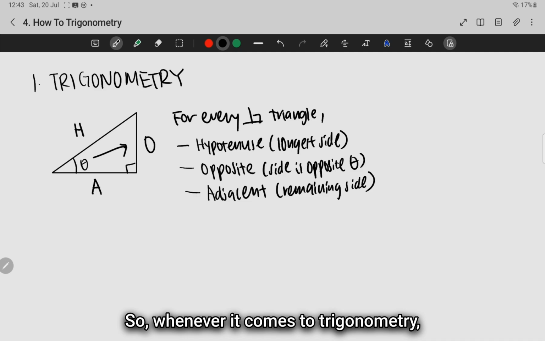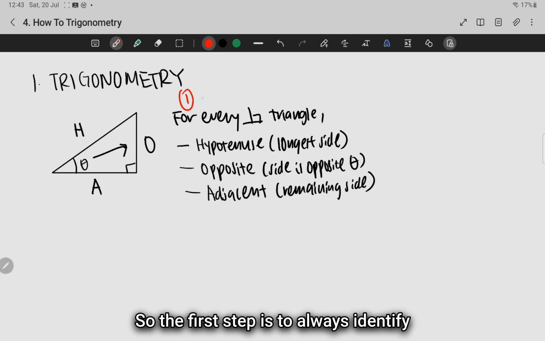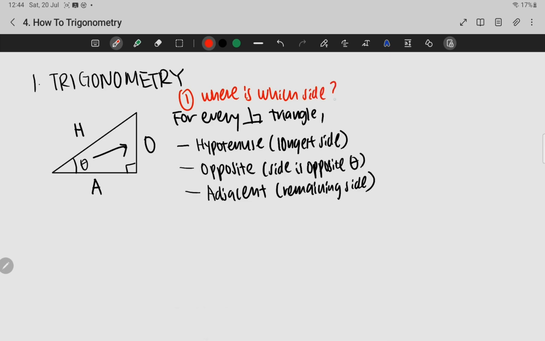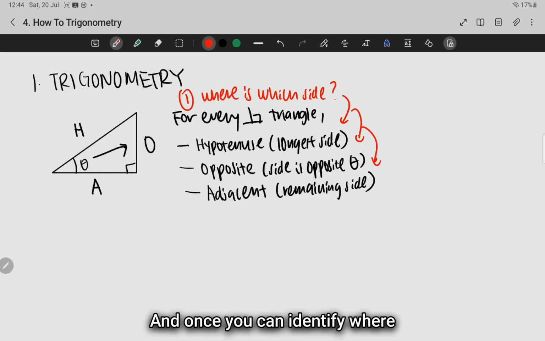So for every right angle triangle, there will always be three sides. The first step is to always identify where is which side. And once you can identify where is your hypotenuse, opposite, and adjacent, then you can start to use trigonometry ratios to calculate unknown sides, unknown angles in right triangles.